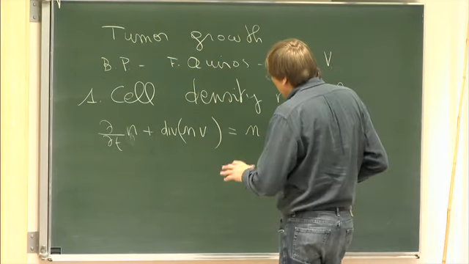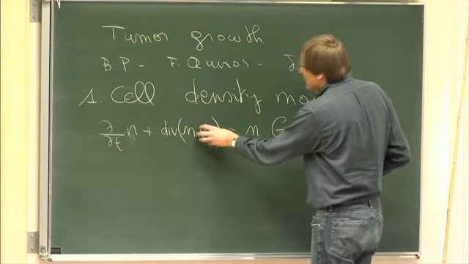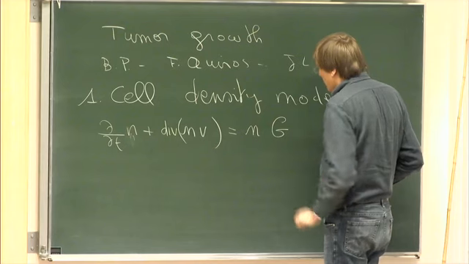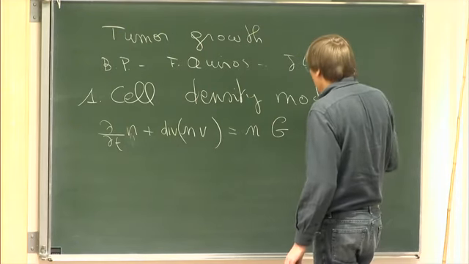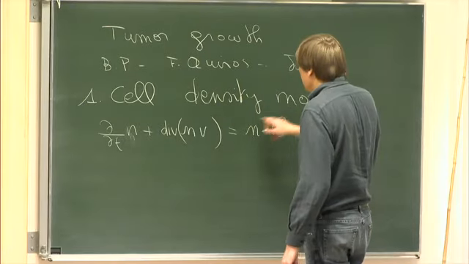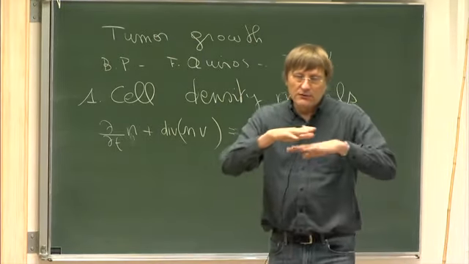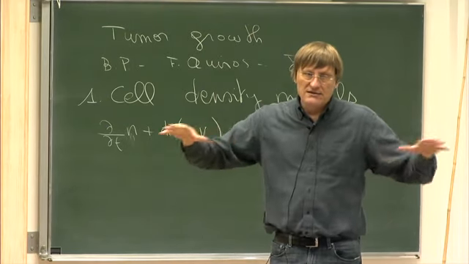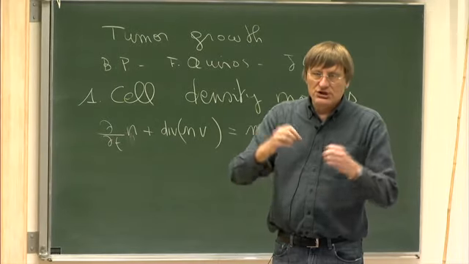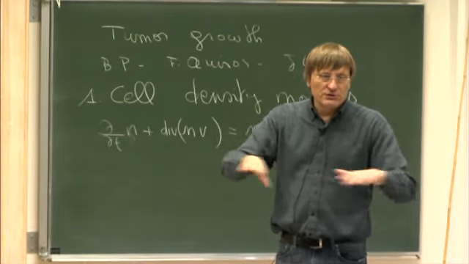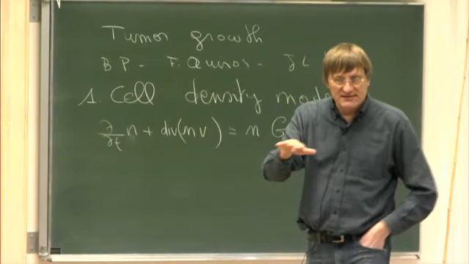So the difficulty in the modeling is to know what is the velocity of cells and what is the growth term. So here we are speaking of the cell density of tumor cells, and the background that you consider is that the healthy cells are all around the tumor which is growing, and these healthy cells create a certain pressure which you take as a reference pressure, let's say 0.